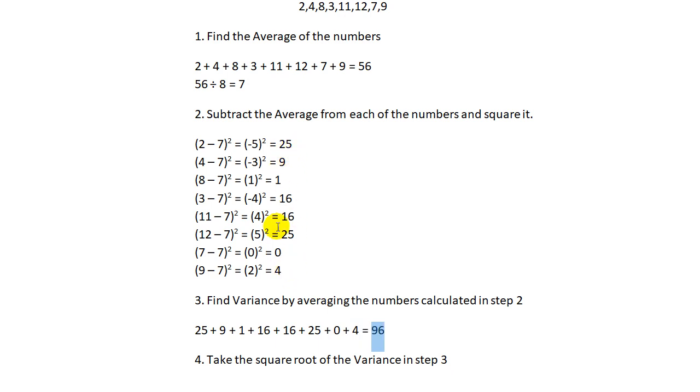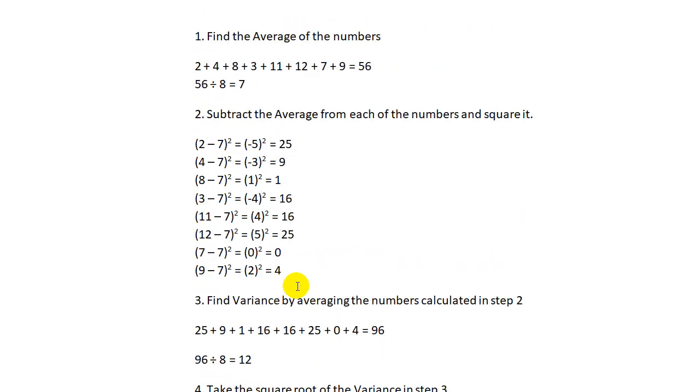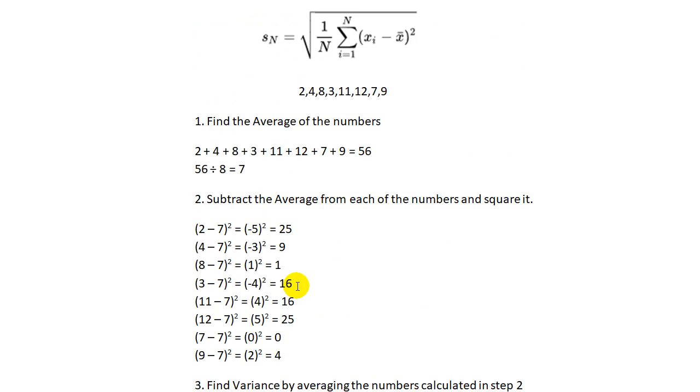And again, we have 8 elements, so we do 96 divided by 8, and that's going to turn out to be 12. So we found our variance equal to 12. Take the square root of that, and we get something like 3.4641. So we'll come back and look at that later and see if our output comes close to that.